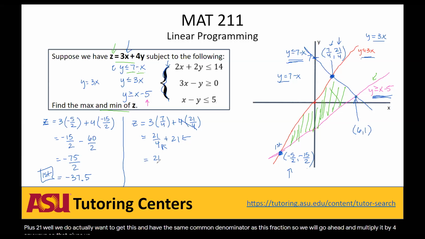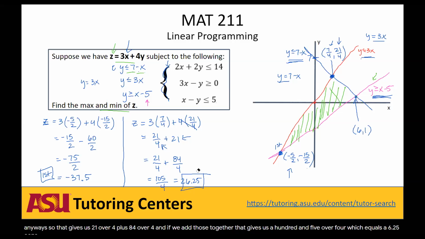So that gives us 21 over 4 plus 84 over 4. And if we add those together, that gives us 105 over 4, which equals 26.25. Let's draw that box a little better. There we go. So this is our second point.